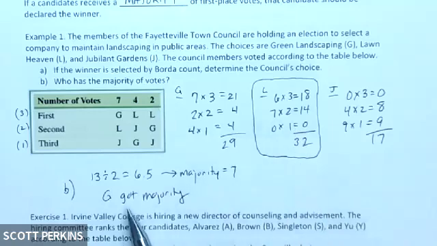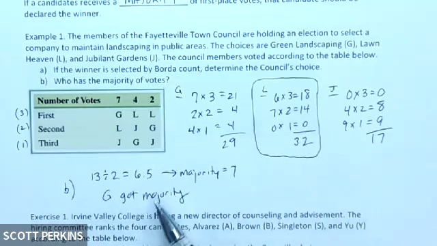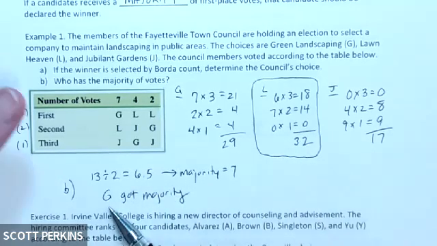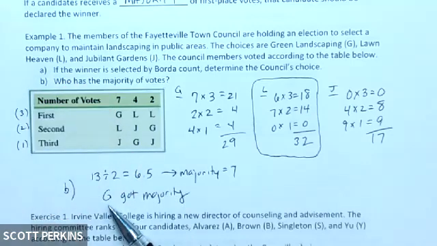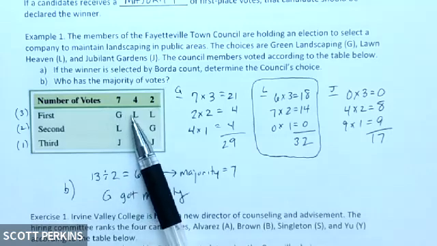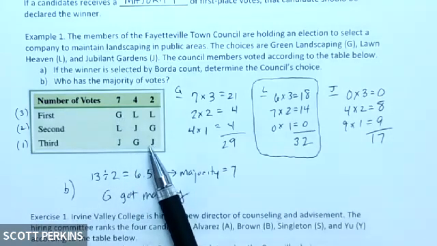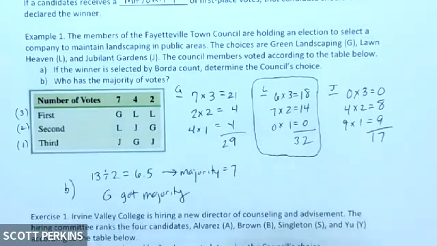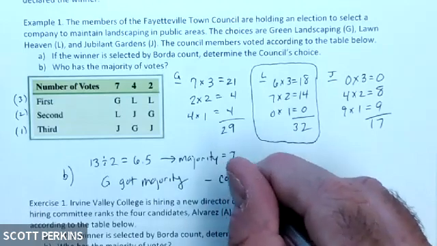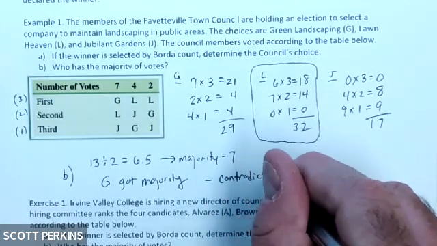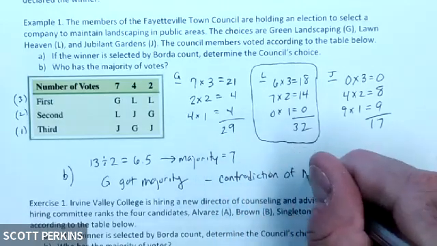And so what this means is that, hang on, G got the majority of votes, but G was also either loved them or you hated them kind of deal, because they not only got a lot of first place votes, they got a lot of third place votes. So G got the majority, and so what we would say here is that this is a contradiction of the majority criteria.